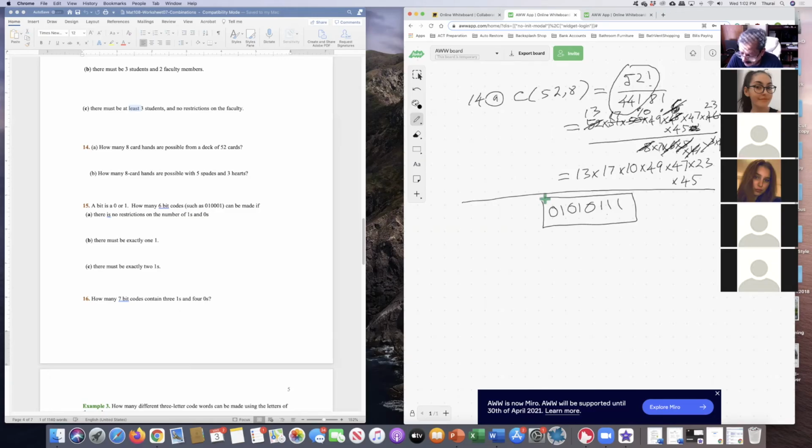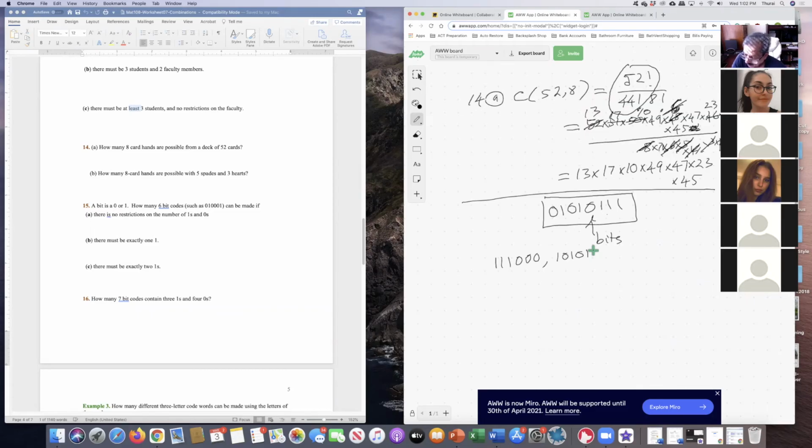We call these zeros and ones bits. So in this question, it says how many 6-bit codes can be made. In other words, I'm arranging ones and zeros, and this is a 6-bit code. You can arrange 6 ones and zeros in any order.